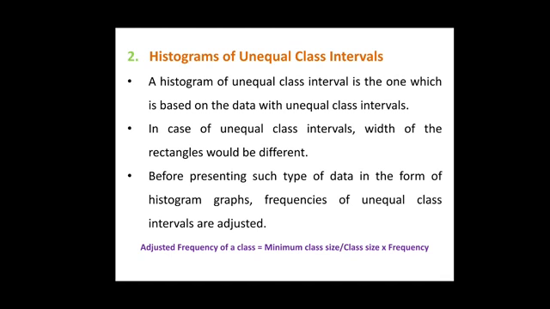Before presenting such type of data in the form of histogram graphs, frequencies of unequal class intervals are adjusted. And how do we adjust the frequencies of unequal class intervals? Students, frequencies of unequal class intervals can be adjusted with the help of the formula given here.